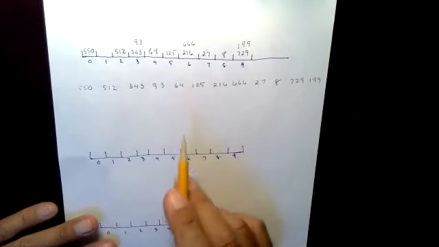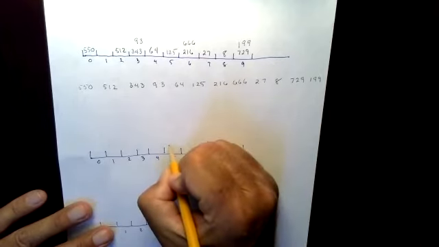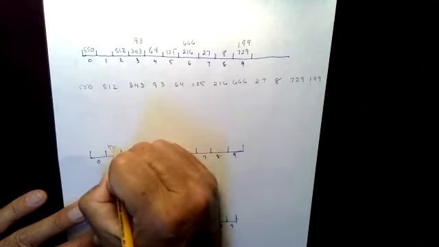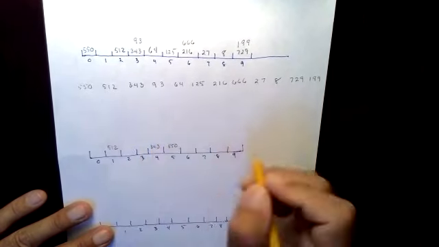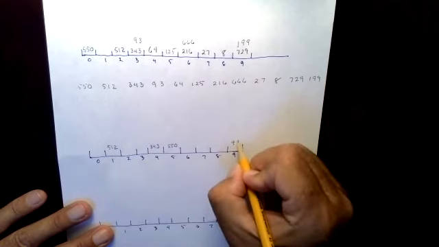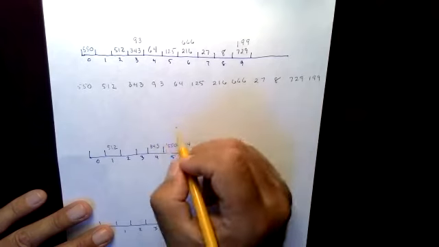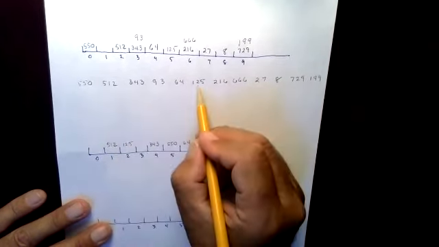Now I'm going to drop them in buckets depending on the tens digit. Here goes 550. Here comes 512. Here goes 343. Out here is 93. Here's 64. 125. Again, I'm looking at the tens digit.